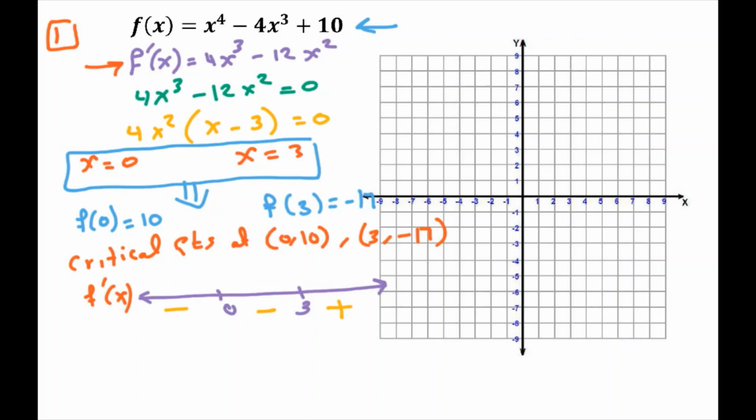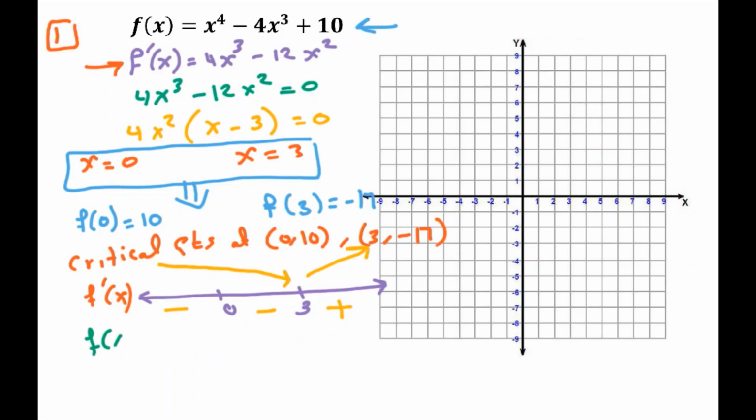What does that mean? The function was decreasing all the way until 3 and then increases.